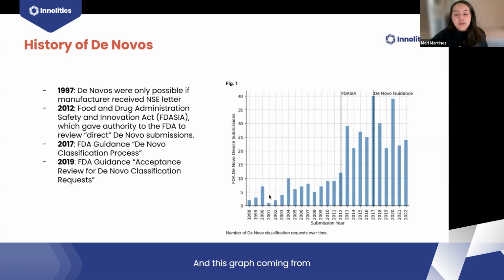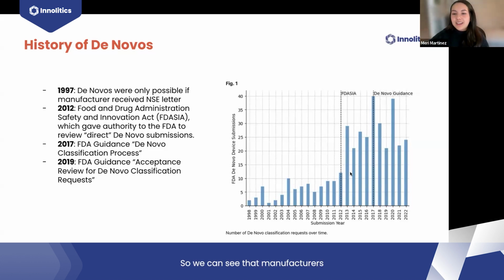This graph coming from the article was very interesting because you can see from 1997 when de novos originated all the way to 2012, the most there really was was 10 de novos per year. And there was a little bit more the year that the act was enforced. But once manufacturers were able to go directly to the de novo pathway, there was a big increase in the number of de novos that were granted.